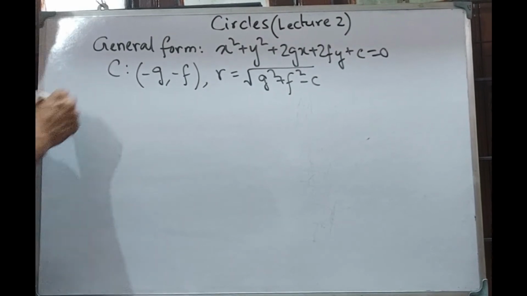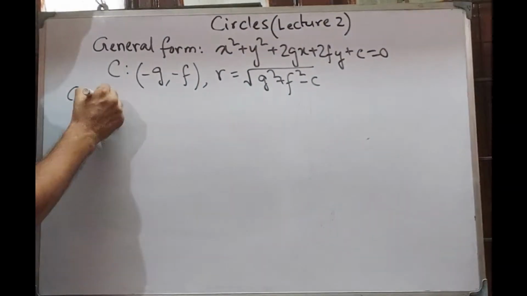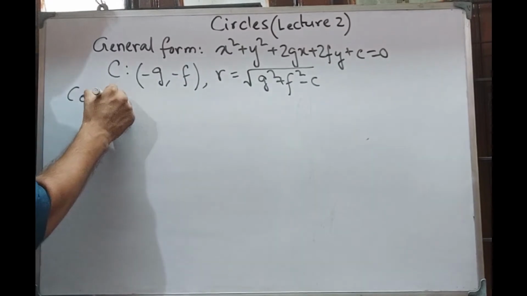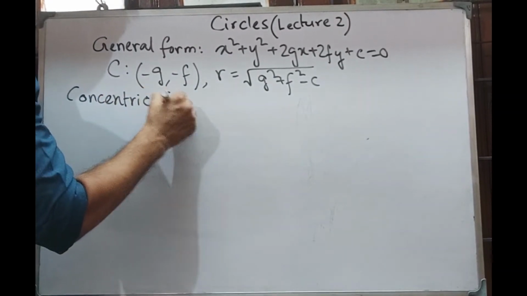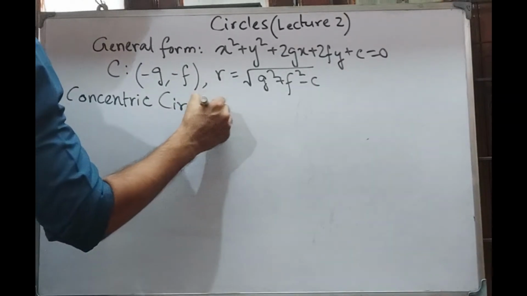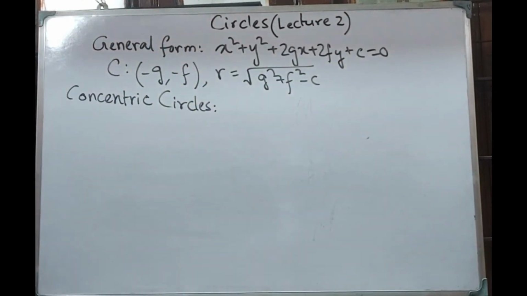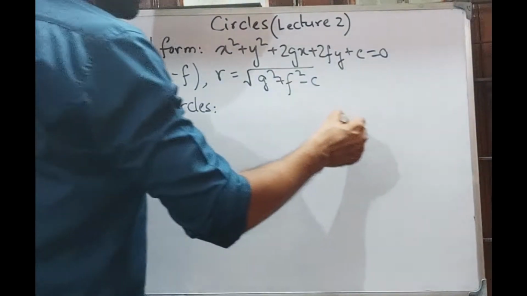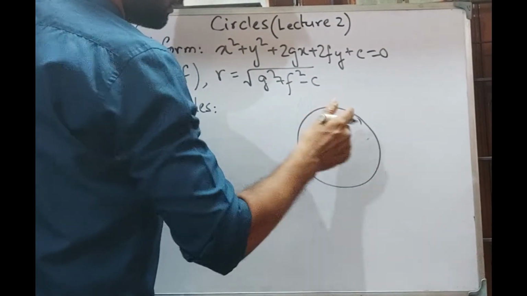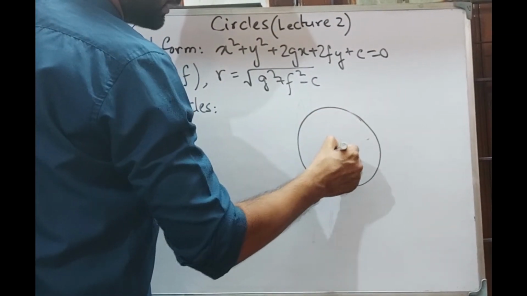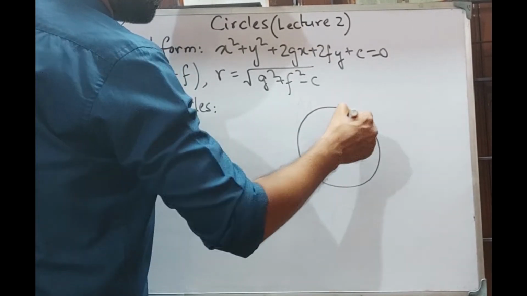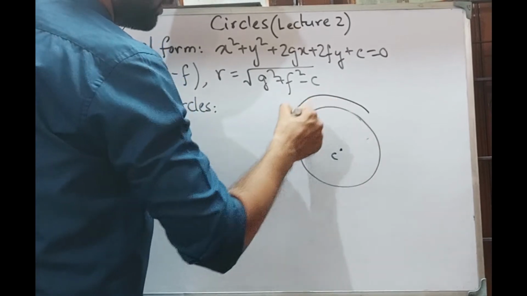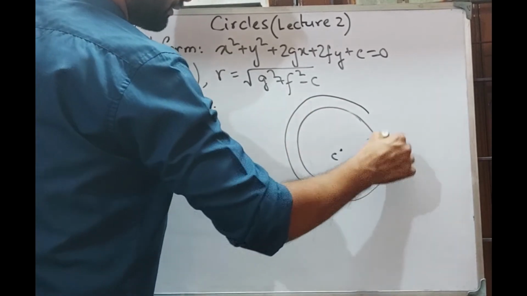Now in this section we are starting with concentric circles. Concentric circles means the circles which are having the same center. Say I am taking one circle like this, whose center is here. Say this center is C, and I am taking another circle with the same center here.